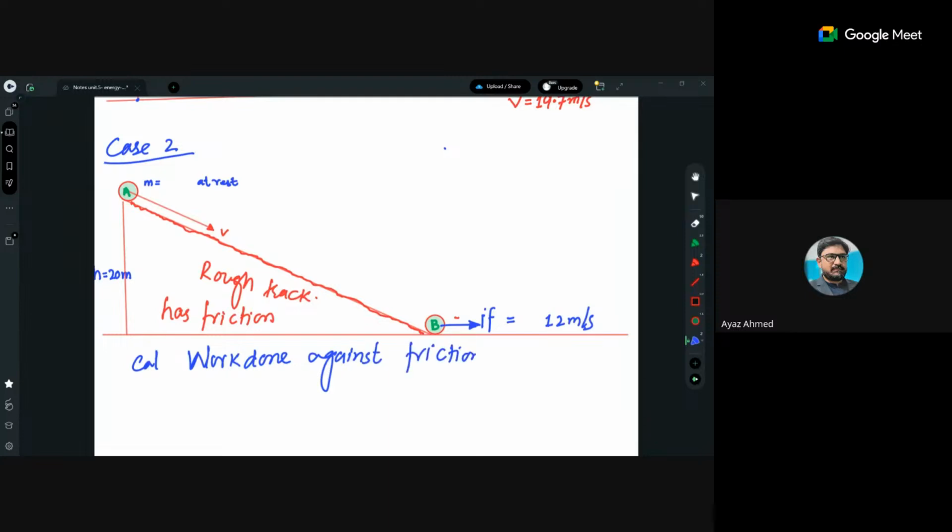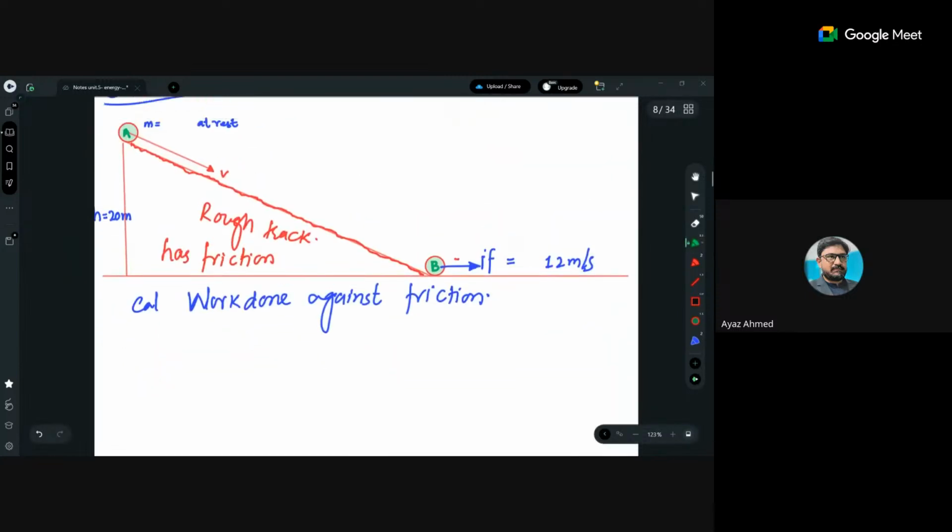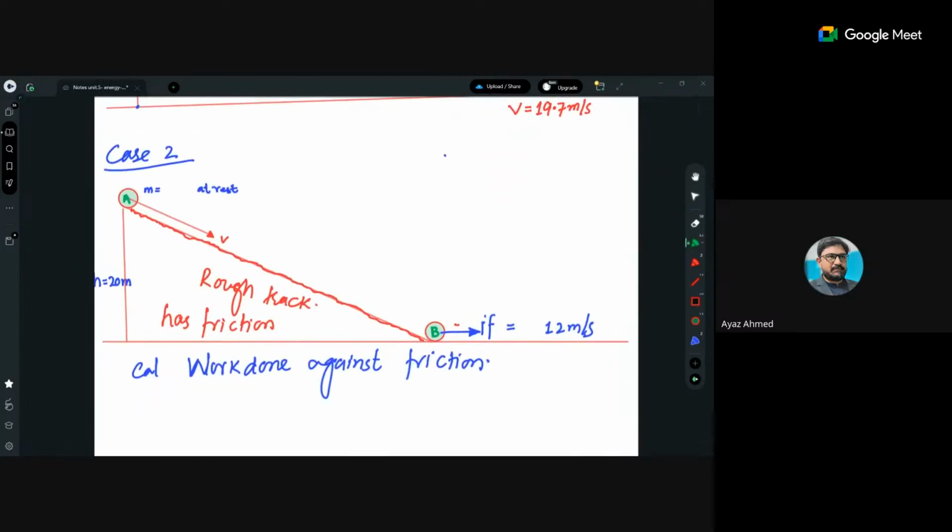Is this very clear to you that loss in gravitational potential energy minus gain in KE is not equal, that is equal to work done against friction?